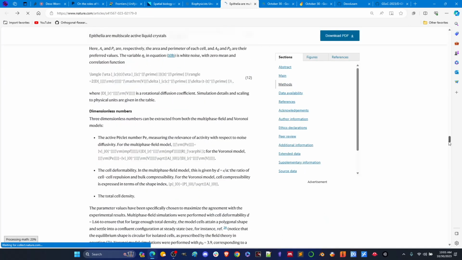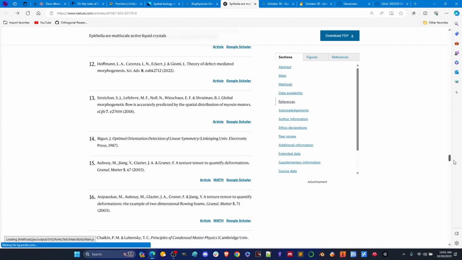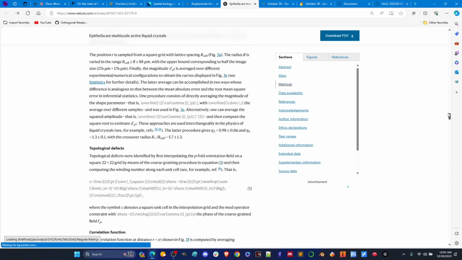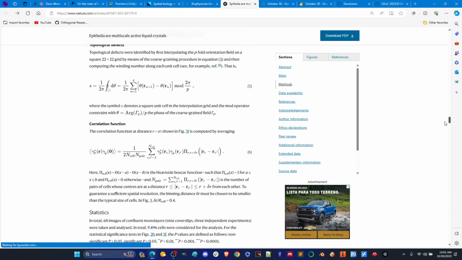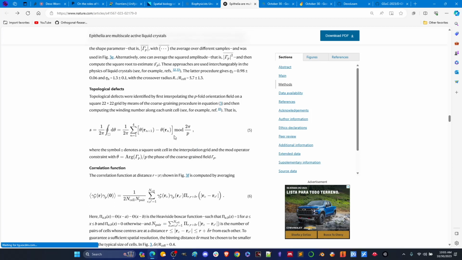Somebody did it already. I don't have to do it. Yeah. So there are a lot of references in here and a lot of methods that we're not going to go over, but it's definitely very physicsy. You have topological defects that are characterized.